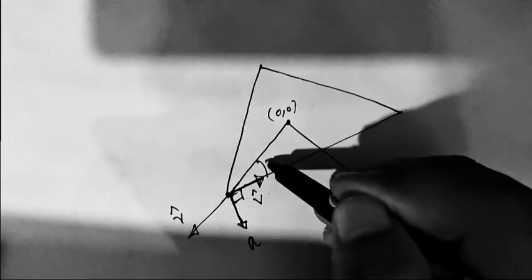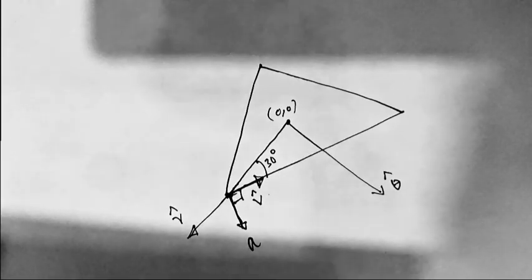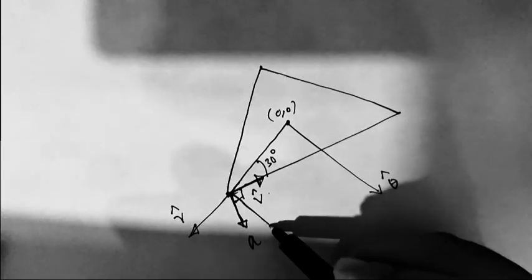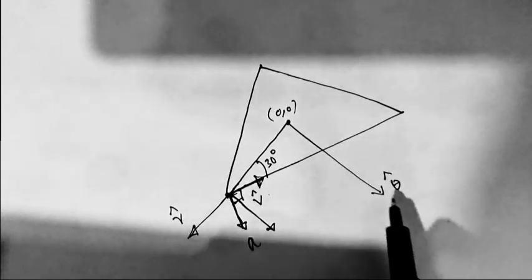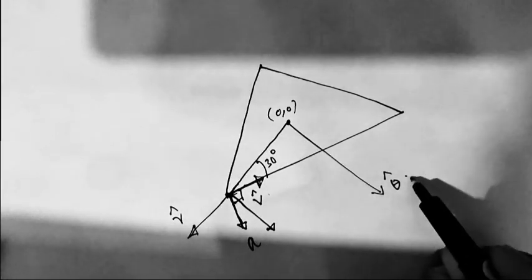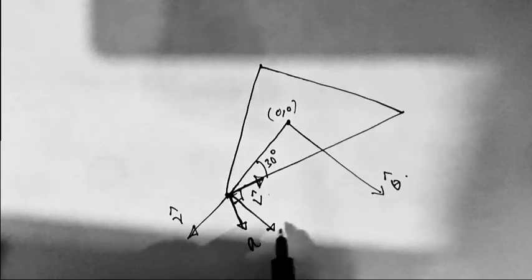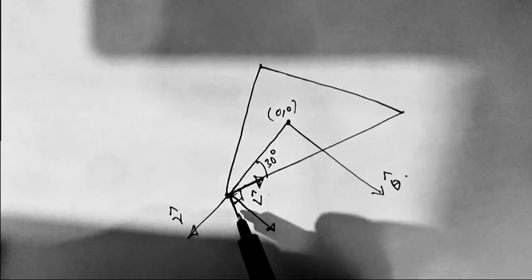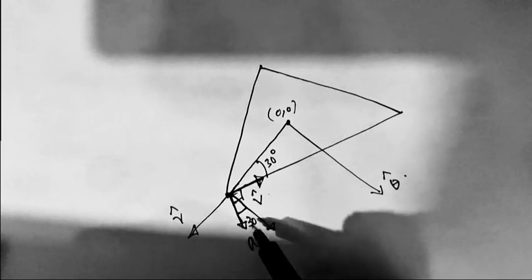Now you know this angle is 30. And therefore you can divide this acceleration into one component here, which is parallel to theta cap, and theta cap is perpendicular to r cap. In polar coordinates, this is how we take unit vectors. So this is parallel to theta cap and this is parallel to r cap. Now this angle will be how much? If this is 30, this is also 30.